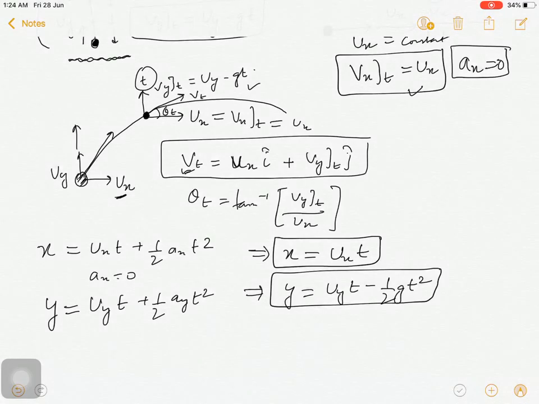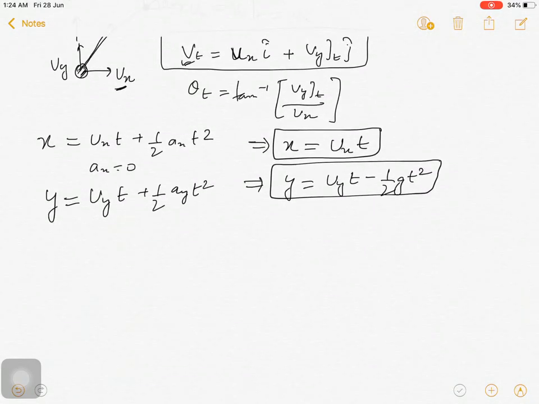Now applying the third equation of motion, which is v square is equal to u square plus or minus 2as. In x direction, what is the final velocity, meaning the velocity after time t? It is the same as the initial velocity.